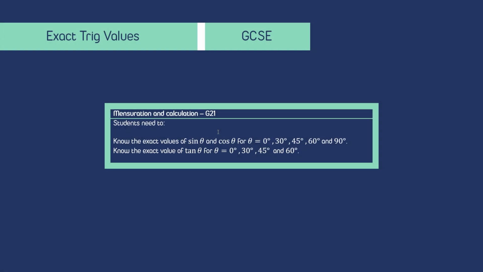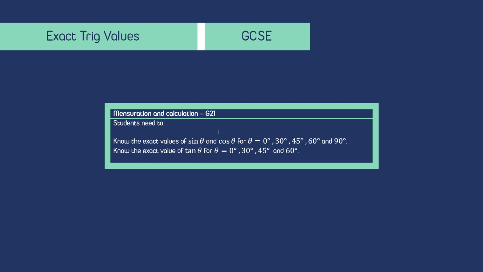We're going to be having a look at the exact trig values that you are expected to know in the non-calculator paper of the GCSE Maths. You are expected to know the exact values for sine and cos when theta is 30, 45, 60 and then 0 and 90.